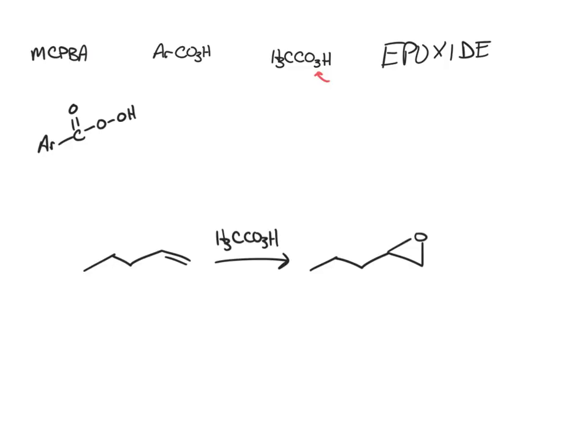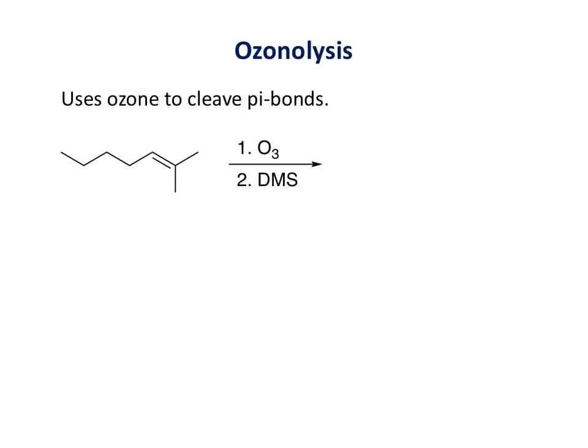All right, so one more reaction I want to talk about. Really, when we start reactions with all the alkene reactions, people tend to get overwhelmed. This is an important reaction. It's the ozonolysis, and it's also a pretty easy reaction to predict the products. What it does is use ozone to cleave pi bonds, typically double bonds.